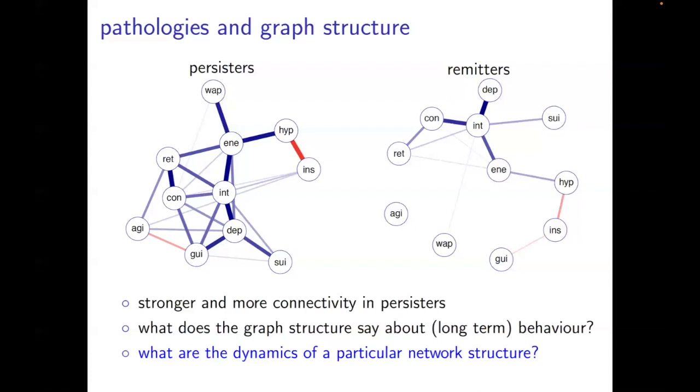And remitters have not that many and less strong associations between these variables, and that may be a reason that they get out of these states a little bit more easily. But basically, the question that we have is, if you make these networks, and I'll explain a little bit more on how you make them, how can this tell us something about what eventually will happen to people? So what are the dynamics?